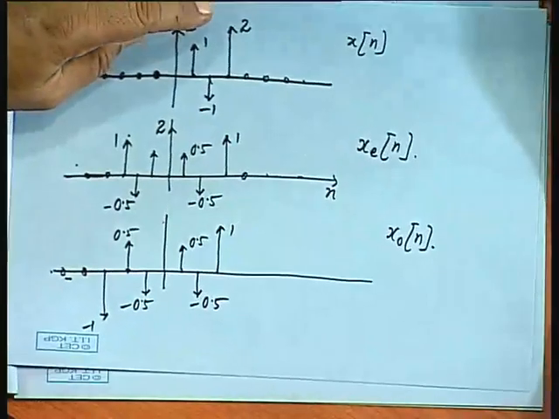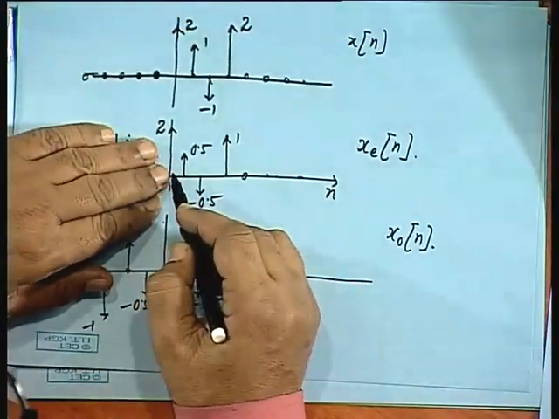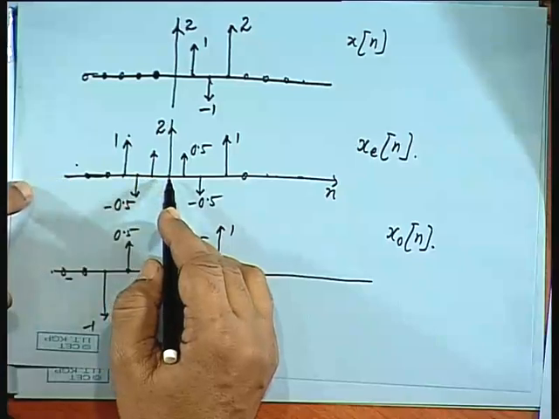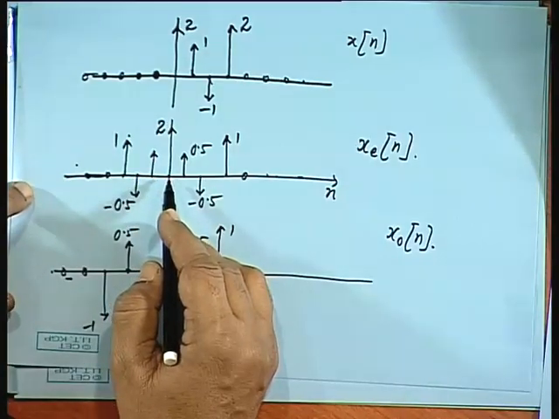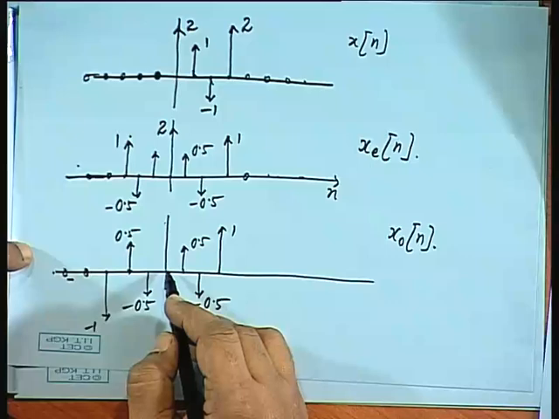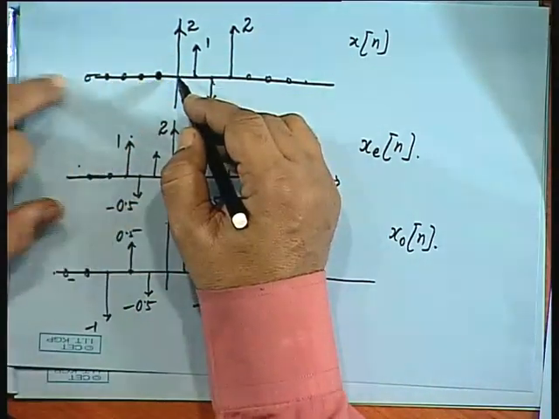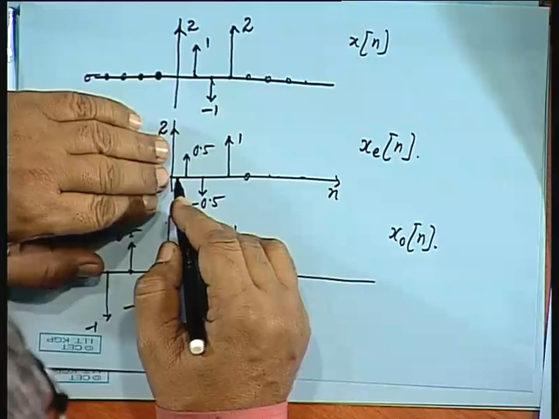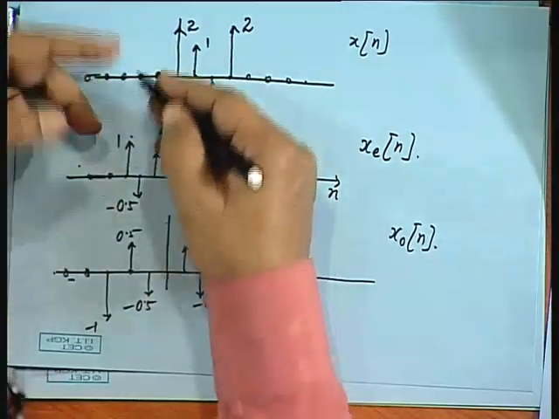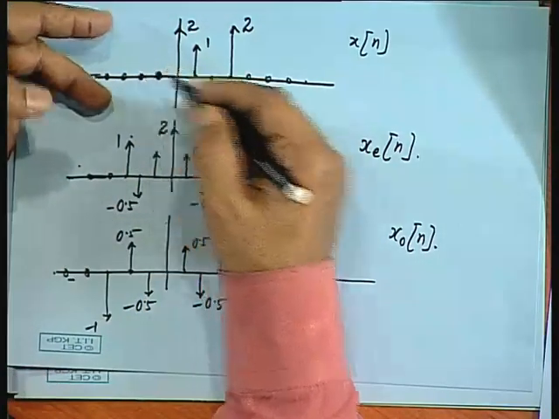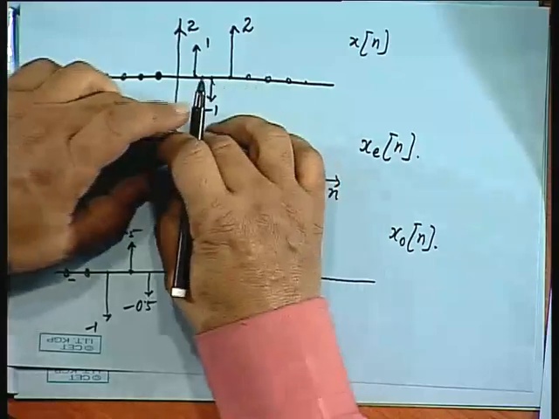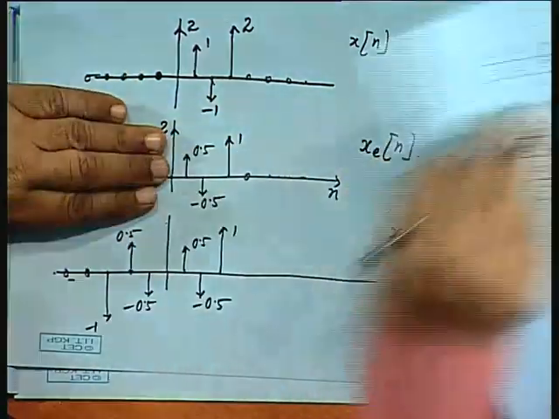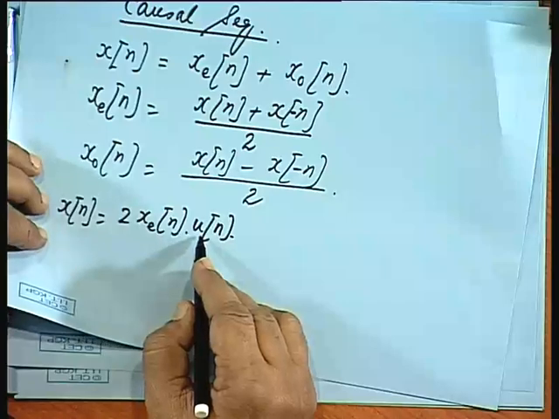If I multiply 2 times by u n, the even part is having non-zero values on the left hand side. Similarly, odd part, though the original sequence is having 0 values on the left hand side. Okay. So, unless I multiply by u n, this will also be multiplied. If I multiply by 2 this function, then everything will be doubled. So, I have to multiply only this part by 2. So, I have to also multiply by u n.